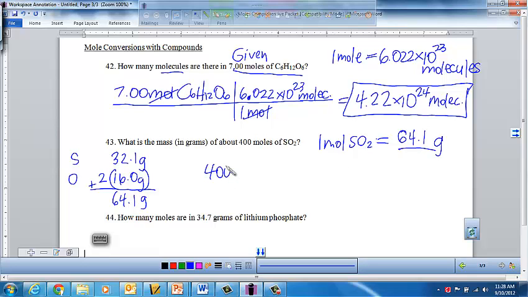So now we have 400 moles of SO2. 1 mole, I put mole on the bottom, so it will cancel out with the moles that are given, is 64.1 grams. So moles cancel, and 400 times 64.1 is around 25,000. Now this is about 400 moles, so this only has 1 significant figure.